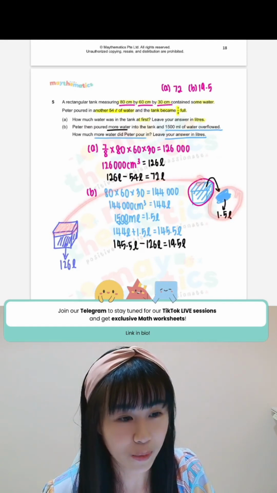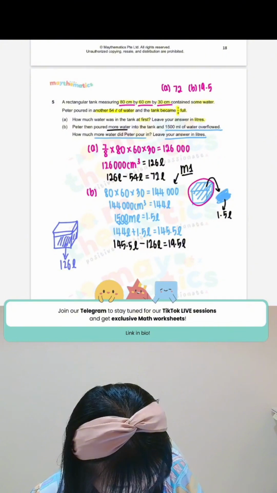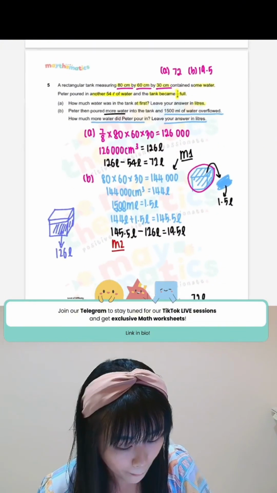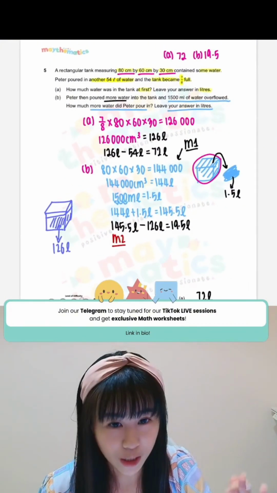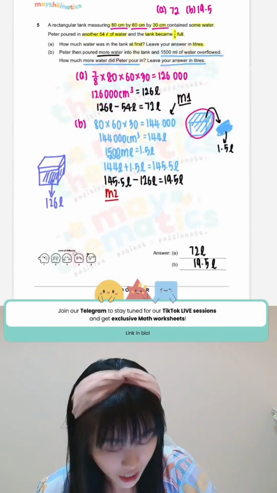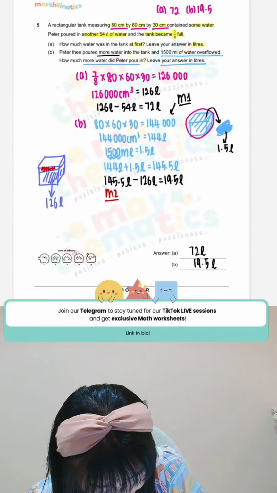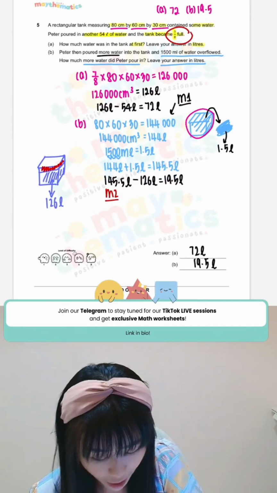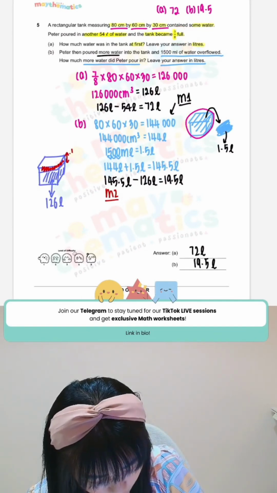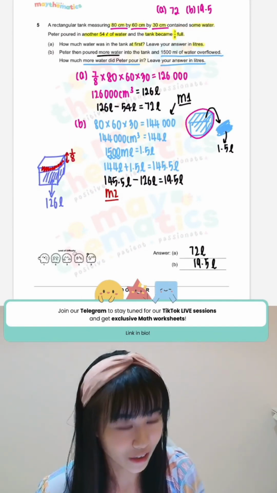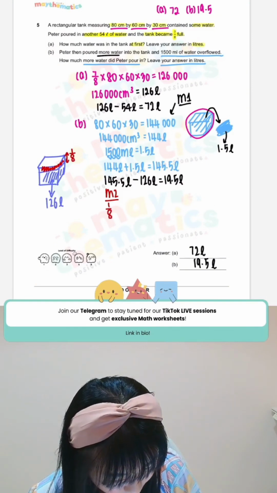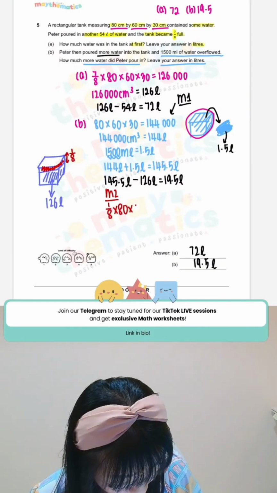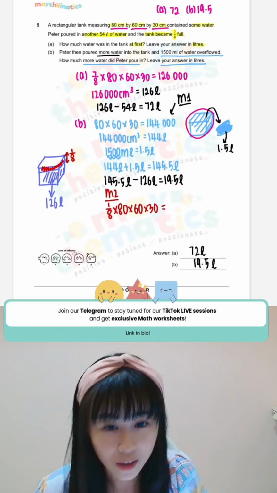Can you understand what's happening first? So I'm going to write method 2. To pour the amount such that 1500 ml of water overflows, I need to fill up this excess part. Which is what fraction? If I already filled up 7/8, I still need to fill up 1/8 of the tank. So I will take 1/8 multiplied by the length, the breadth and the height.